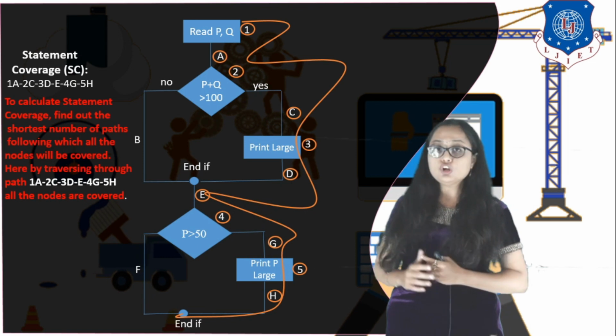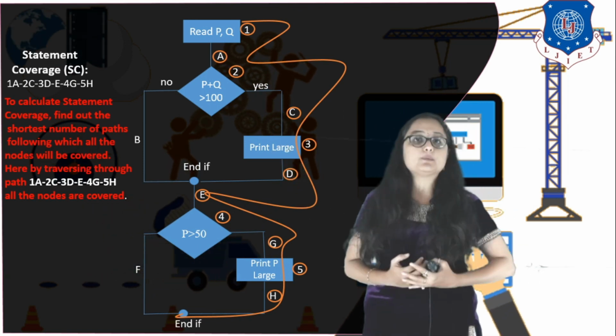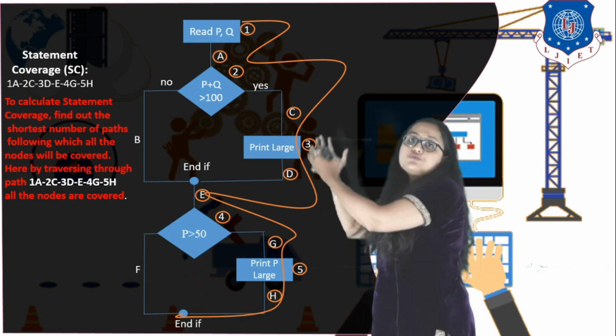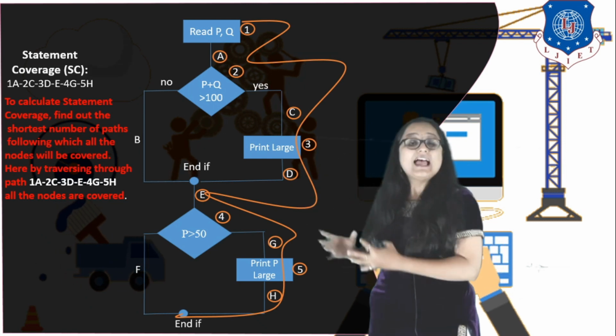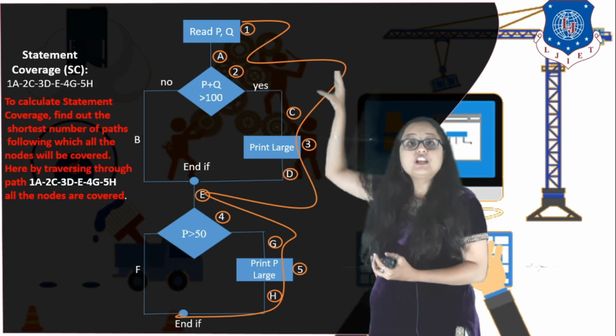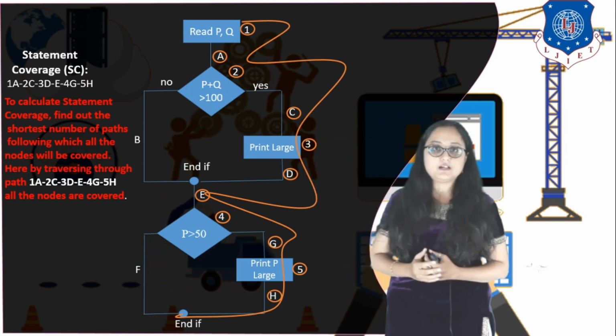It is okay if you are not following the false condition, because in statement coverage it is recommended that you follow all the true conditions. So here also we have followed all the true conditions and we have executed every node a minimum of one time. So this is the path that I have written for statement coverage.